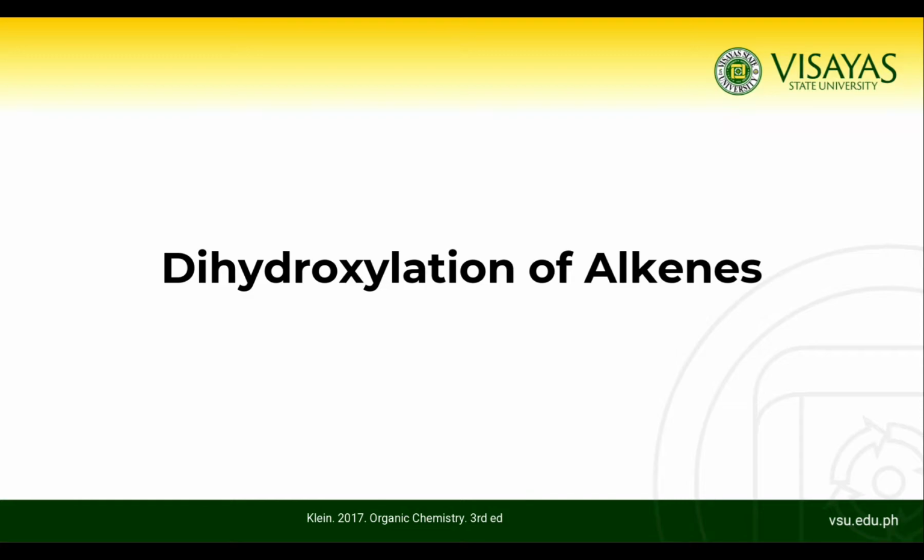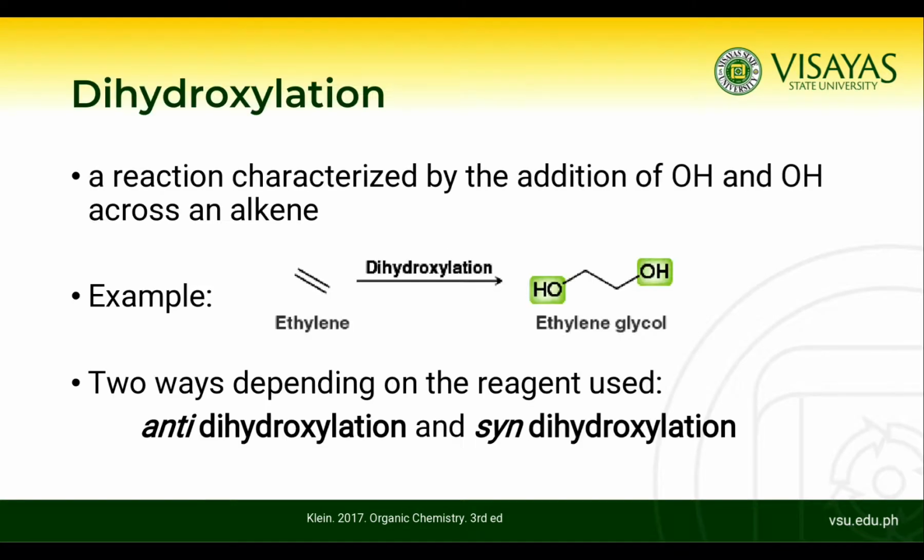Now we have dihydroxylation of alkenes. So when you say dihydroxylation, we are adding 2 hydroxyl groups. No, di for 2. So we have 2 hydroxyl groups added sa alkene. Okay, so we form this product, for example. Now there are 2 ways sa dihydroxylation, depende sa reagent use.